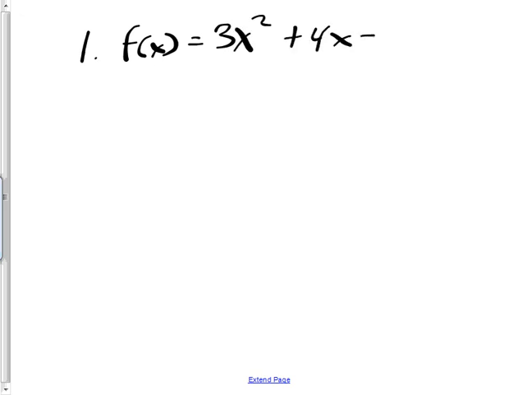Okay, here we go, number 1. f of x equals 3x squared plus 4x minus 4. You're going to want to watch this one because I didn't do much like this. There you go, number 1.